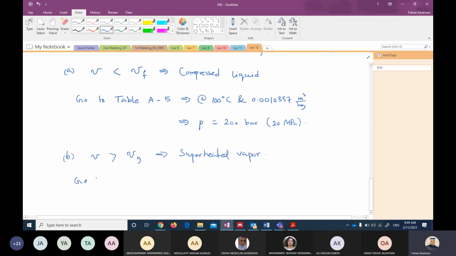Okay. So we go to table A4, right? We go to table A4 to try to find the right specific volume at the right temperature. So we also browse at 100 degrees, and we find the right specific volume at which pressure, guys? 0.7 bar, or 0.07 megapascal.